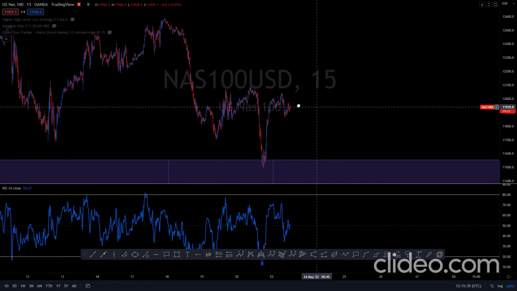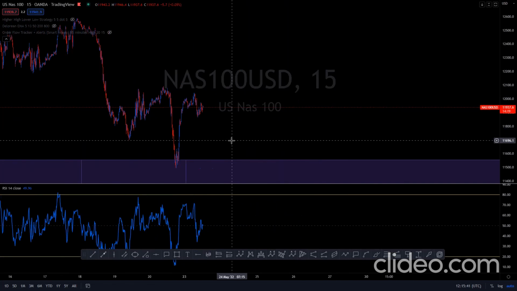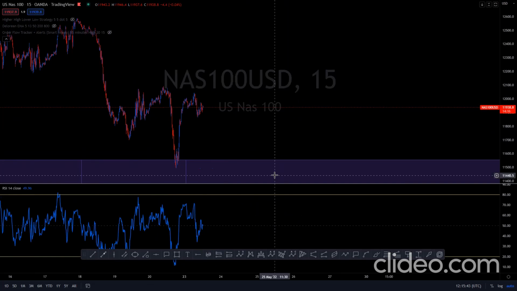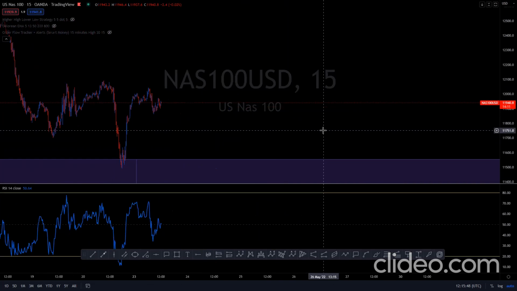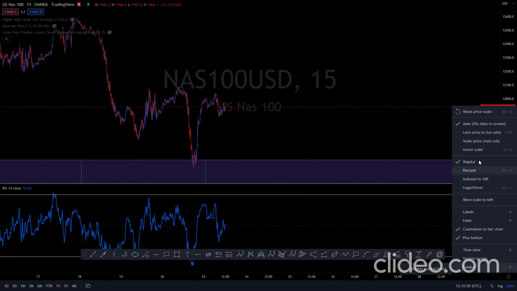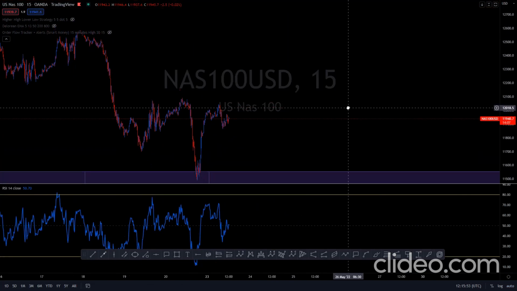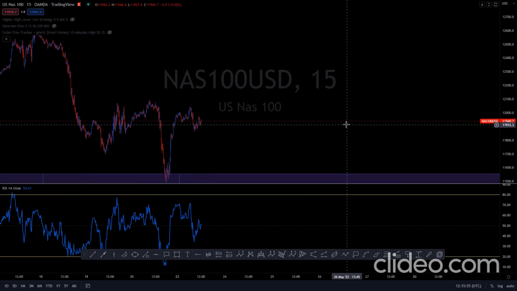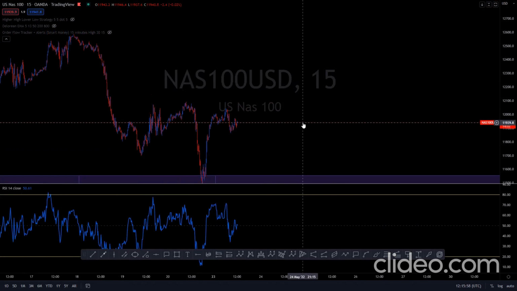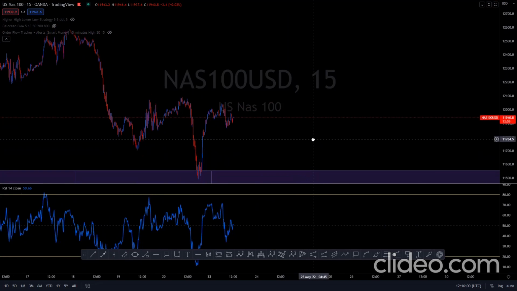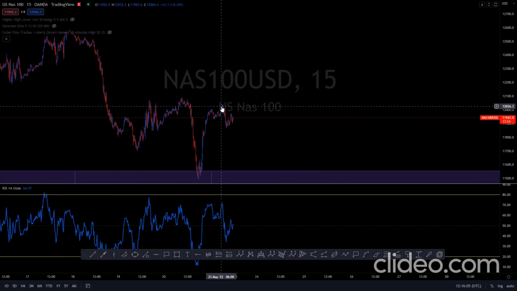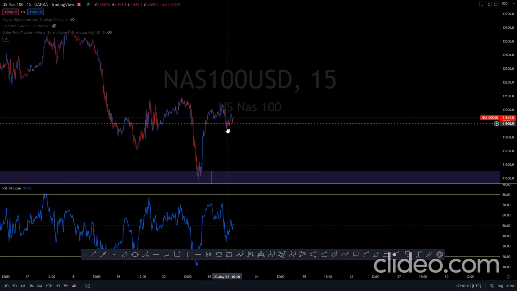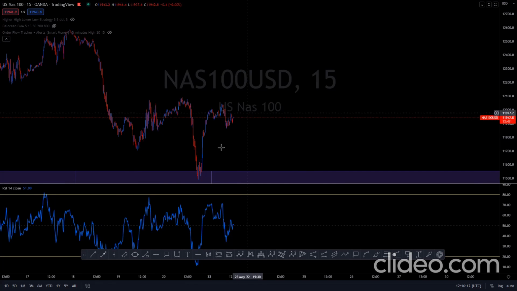Now, the very next thing we're going to do is identify the trend on the 15-minute time frame. So when I look at current price here, I see that price is starting to go bearish. You can see it took a very, very short downturn, created a lower low, then a lower high.